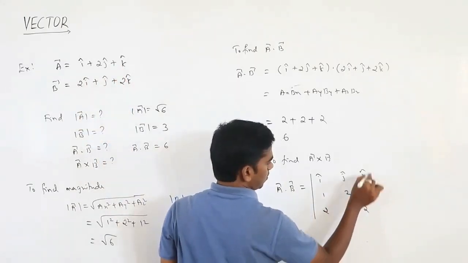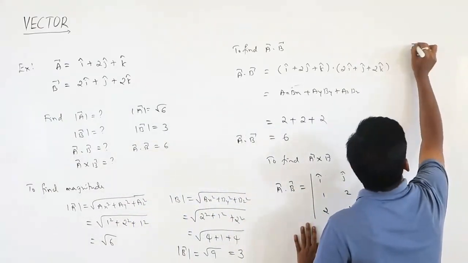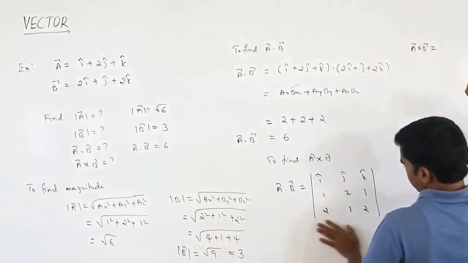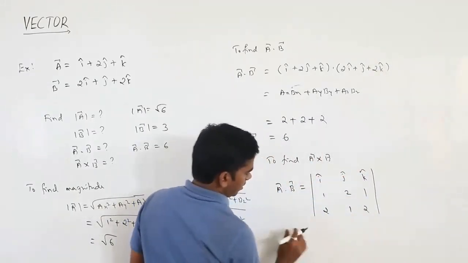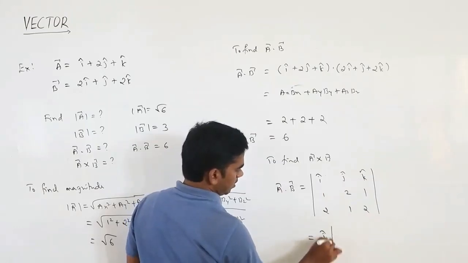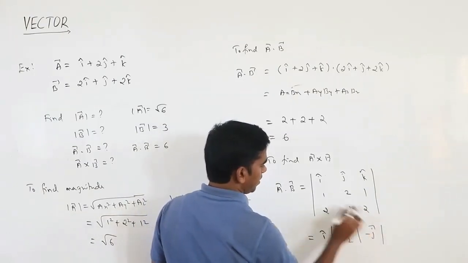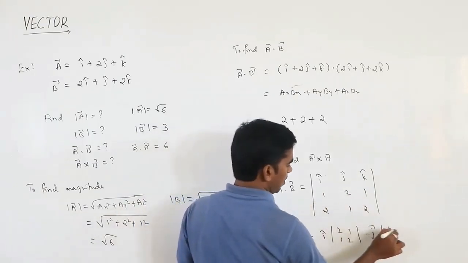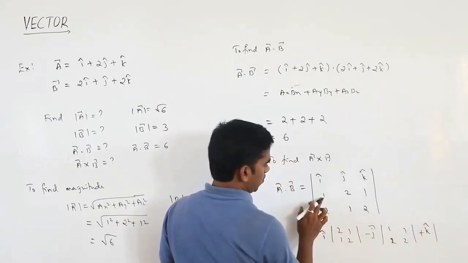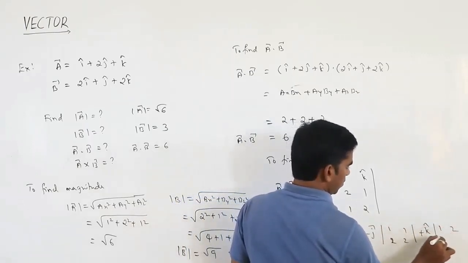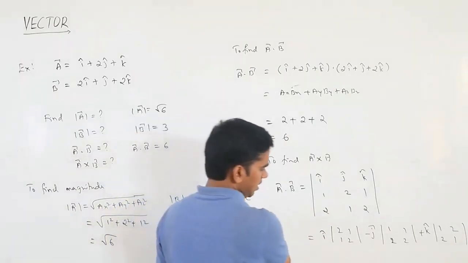So let me write A cross B equals I cap times the determinant of 2 1 and 1 2, minus j cap times the determinant of 1 1 and 2 2, plus k cap times the determinant of 1 2 and 2 1.